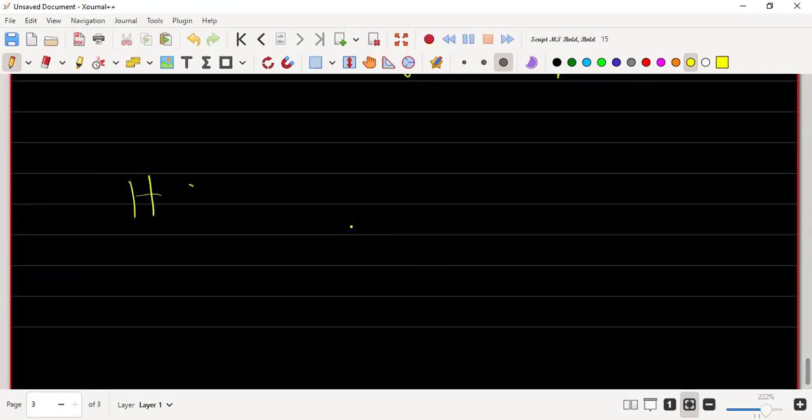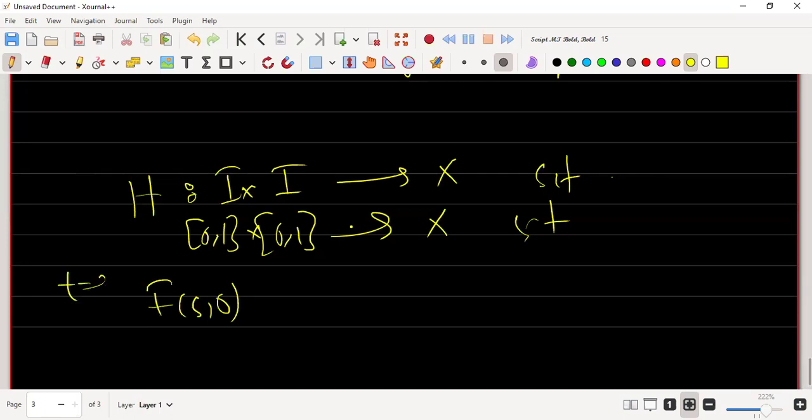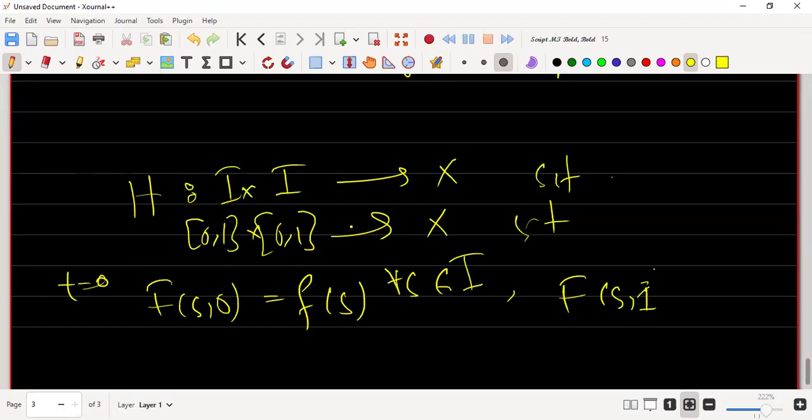H is a continuous map from I cross I to X, which means [0,1] cross [0,1] to X, such that if we put t is equal to 0, we get the first path f of s, for all s belongs to I, and H of s, 1, if t is equal to 1, we get the second path f prime of s.